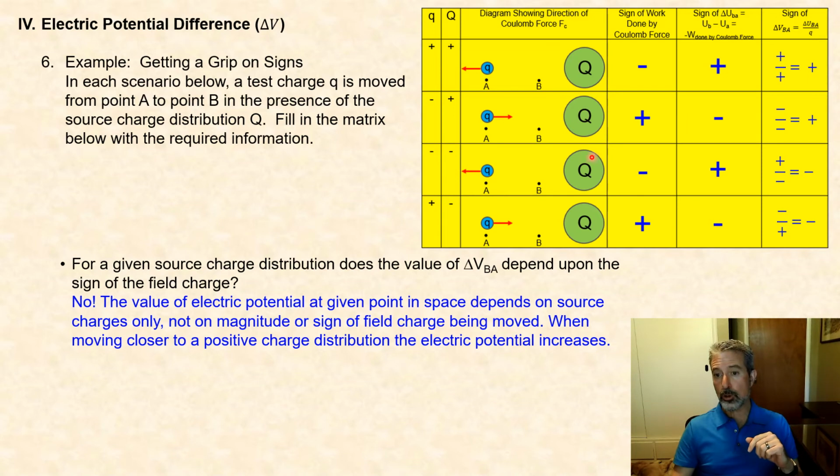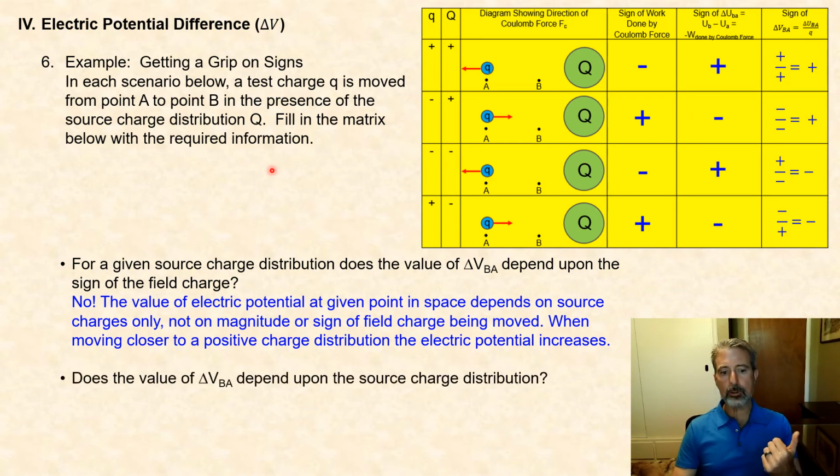Likewise, okay, when you move closer to a negative source charge distribution, notice that regardless of whether you're moving a positive charge or negative charge closer to it, we can simply say that moving towards a negative charge, okay, causes the electric potential to go down. That gave us an electric potential difference that was negative.